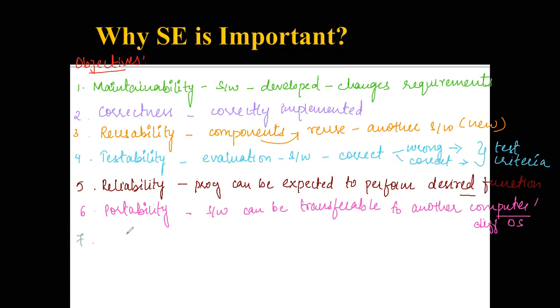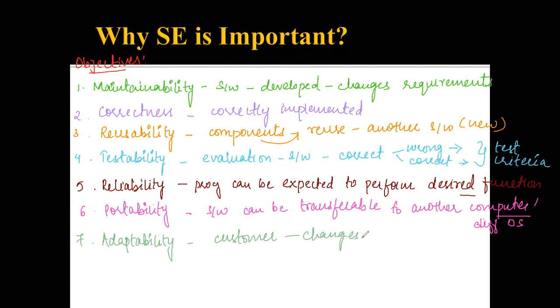And the seventh and the last objective is adaptability. Now adaptability means a software should allow a system and user to be satisfied by making changes to the software. There is a customer who wants some changes to be embedded within the software.